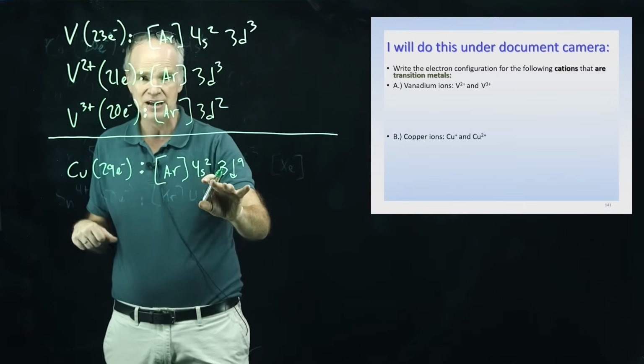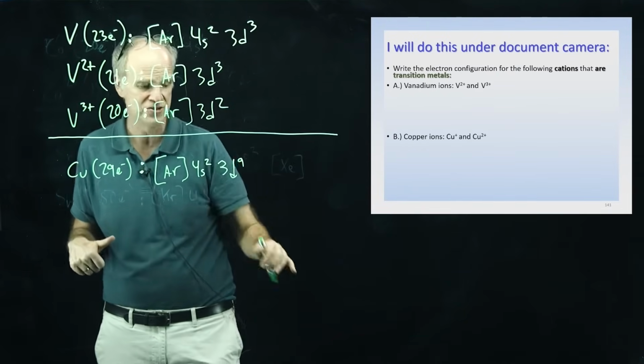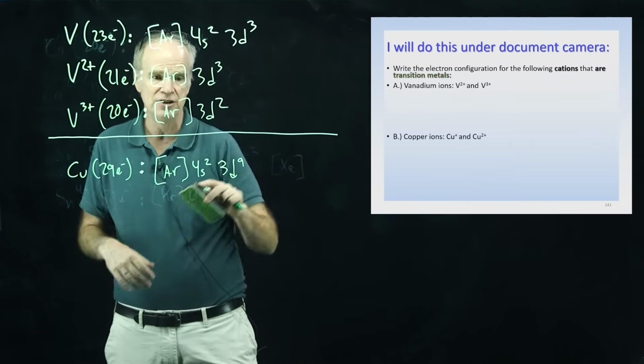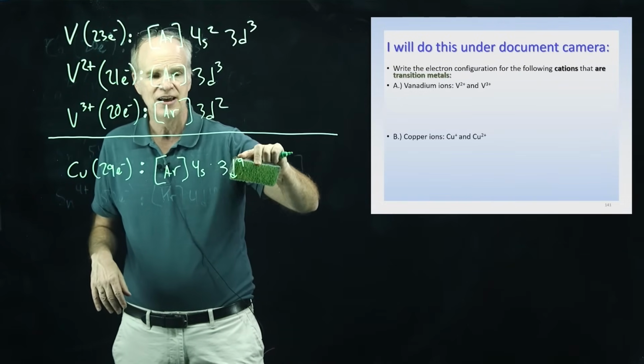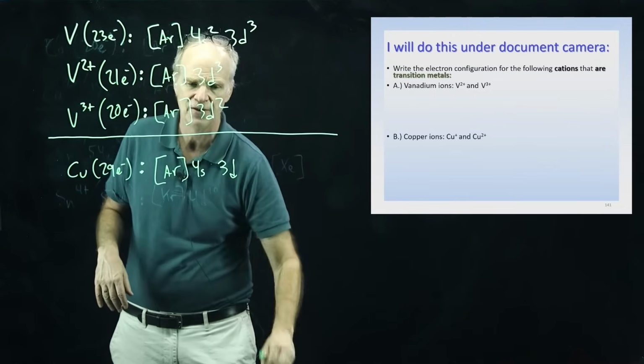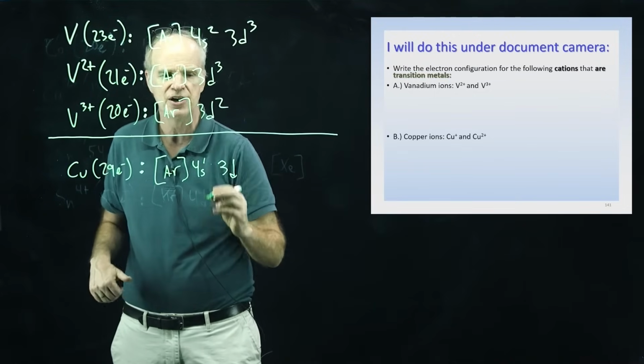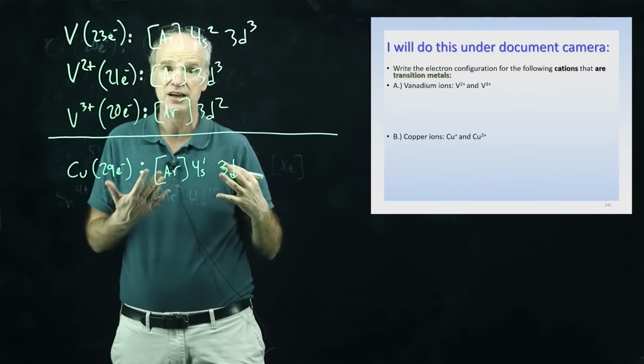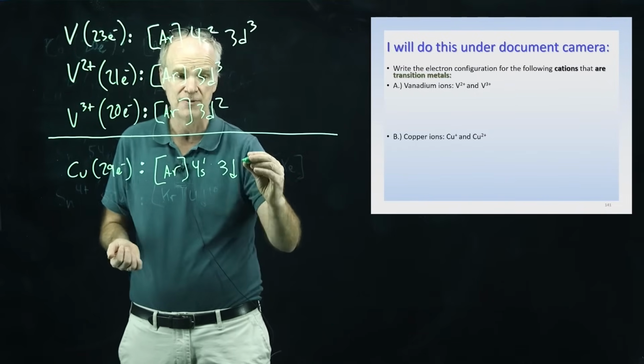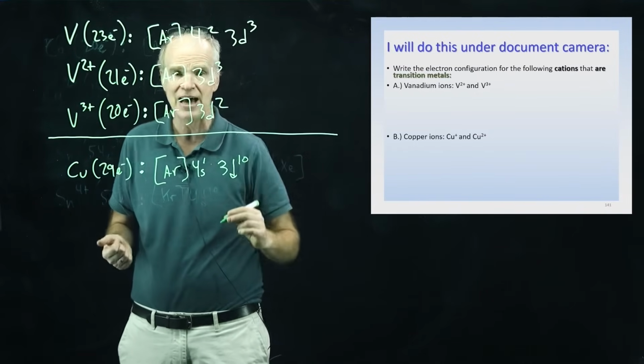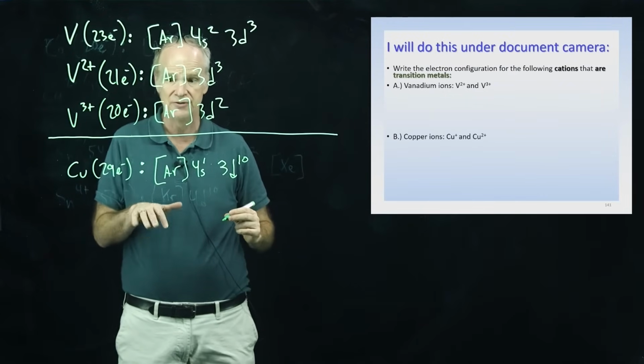So this is really not copper's correct configuration. Its correct configuration is where one of the electrons has left the 4s sublevel, and now we're down to 1 here, and it's gone to join the other 9 electrons in the d sublevel, so it should be 3d10. So that is copper's correct configuration.